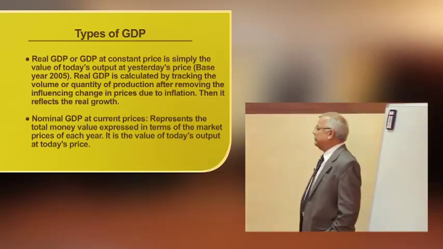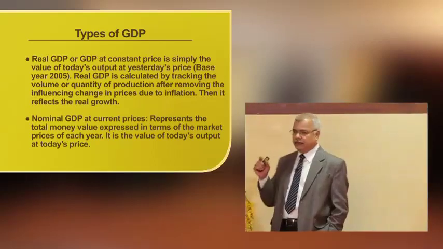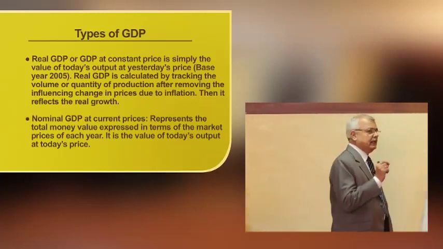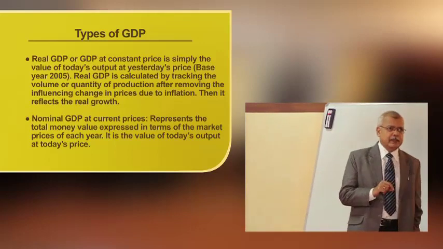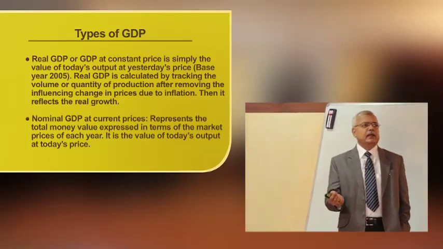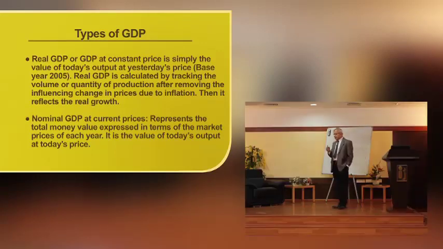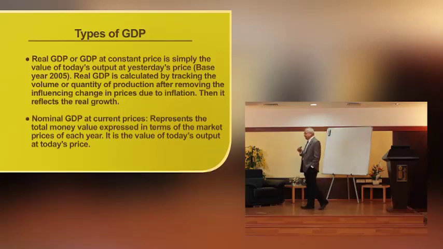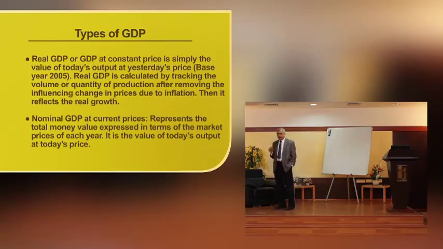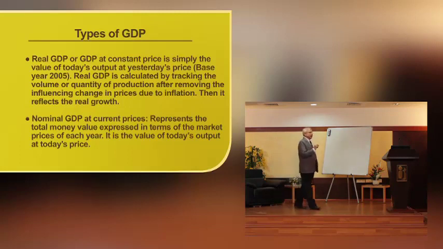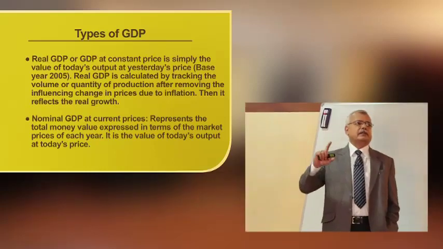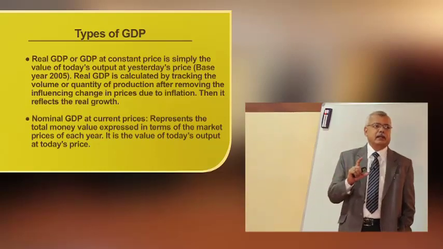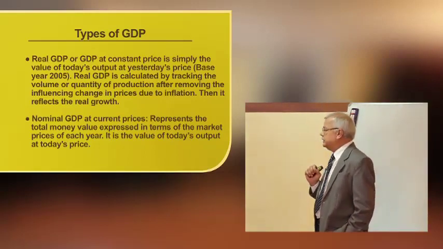So we should always keep in mind that at any given point of time, the GDP, whether it is at the base price or whether it is at the current price, the current price consists of inflation due to the rise in the consumer price index and the wholesale price index, that is WPI and CPI.